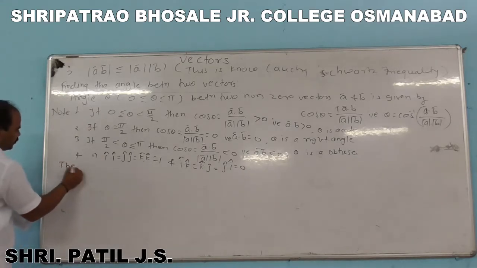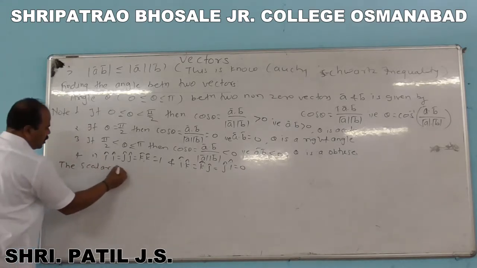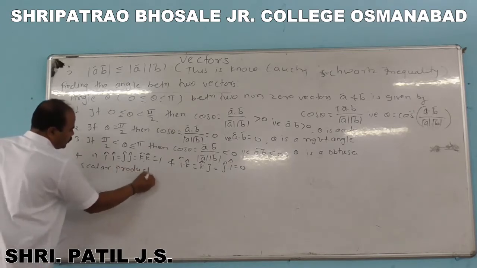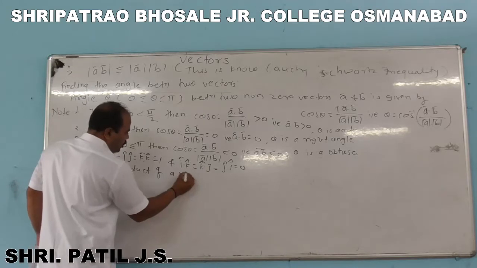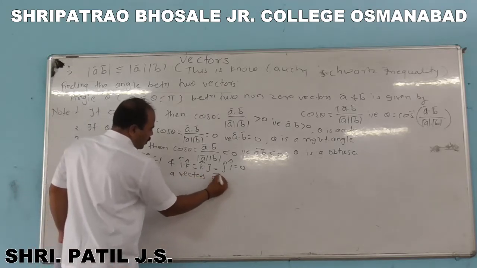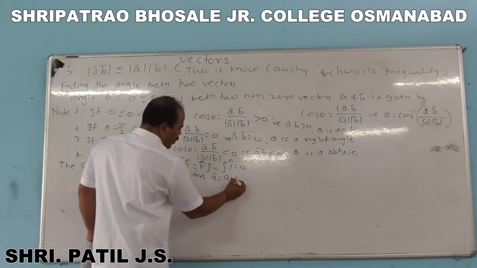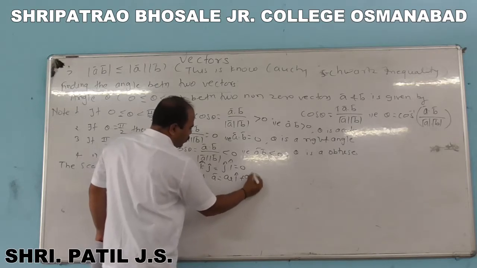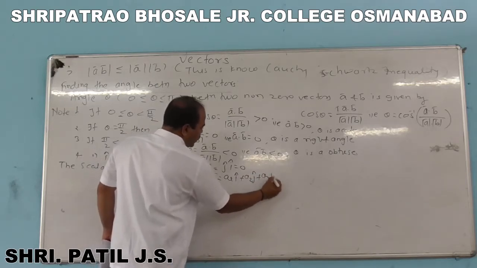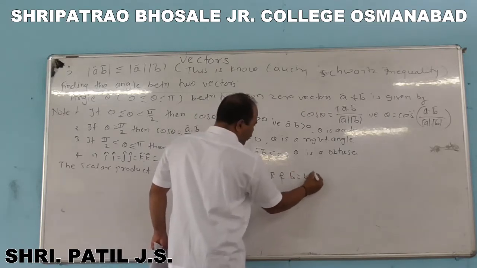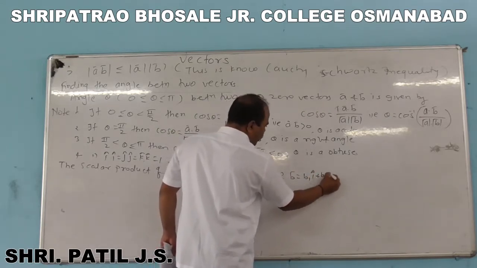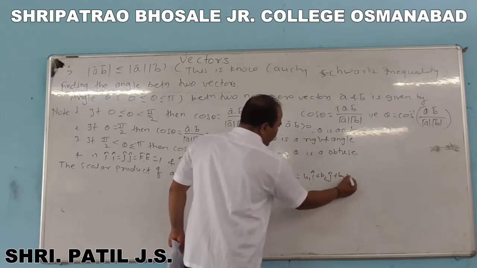The scalar product of vectors: A bar equal to A1 i cap plus A2 j cap plus A3 k cap, and B bar equal to B1 i cap plus B2 j cap plus B3 k cap.